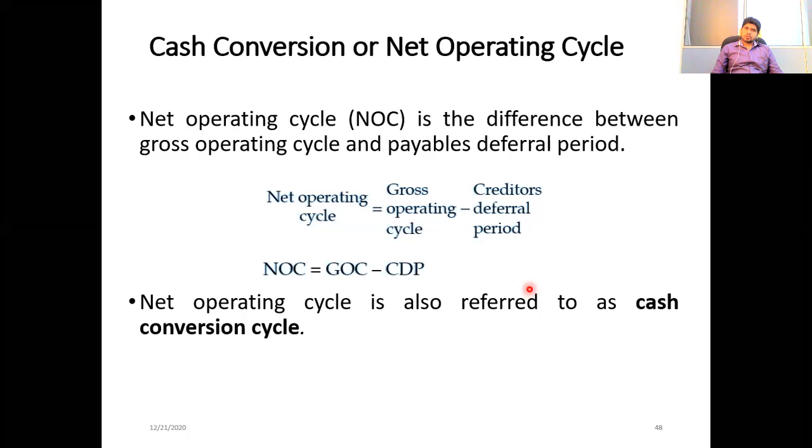We know the gross operating cycle equals inventory conversion period plus debtors conversion period. So net operating cycle equals gross operating cycle minus creditors deferral period. And net operating cycle is also referred to as cash conversion cycle.